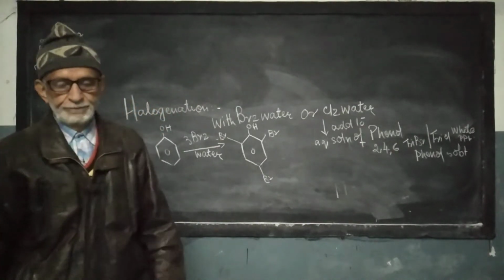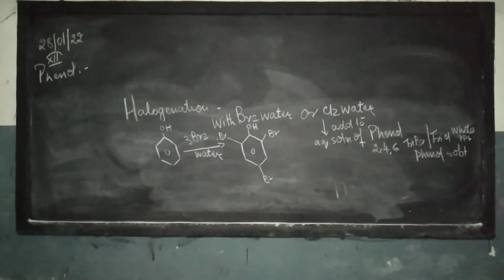Dear students, our next heading is halogenation. When bromine water or chlorine water is added to an aqueous solution of phenol, a white precipitate of 2,4,6 tribromophenol is obtained.